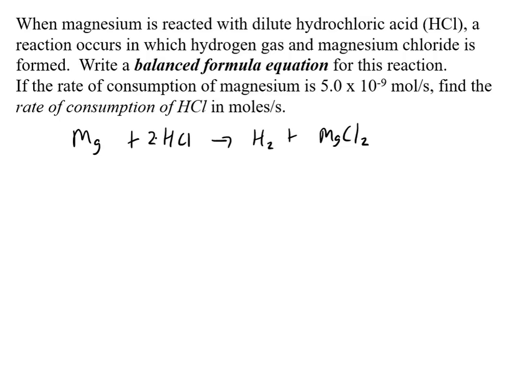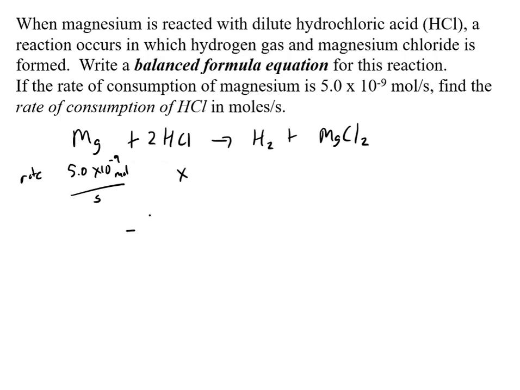It tells me that the rate for magnesium is 5.0 times 10 to the minus 9 moles per second, and they want the rate of consumption of HCl. So now we're relating these two.